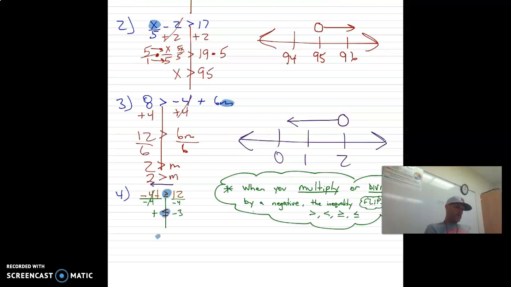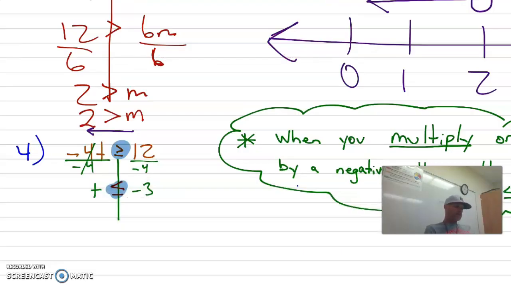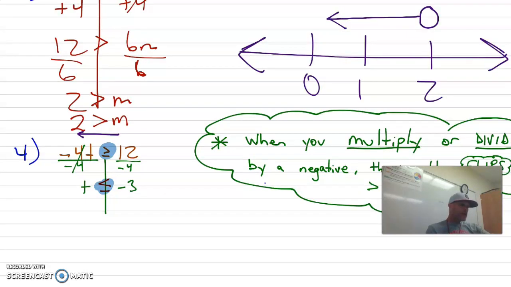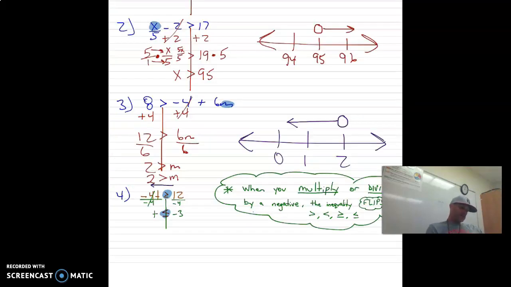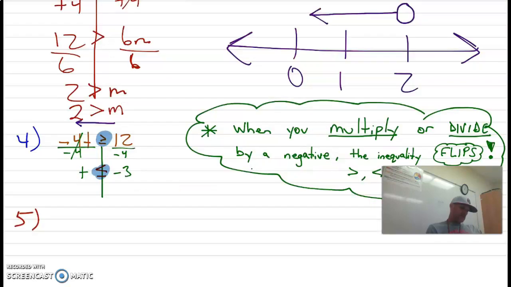All right, let's do another one. Let's do negative x divided by 3 plus 2 greater than or equal to negative 4.